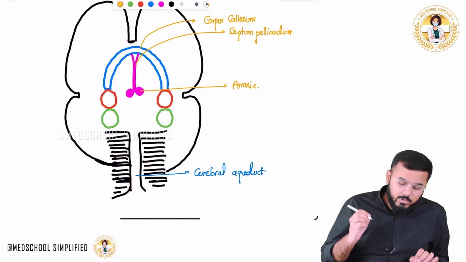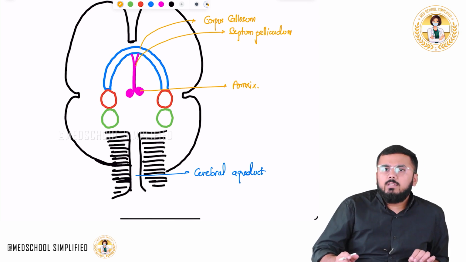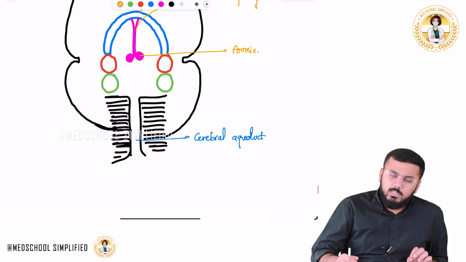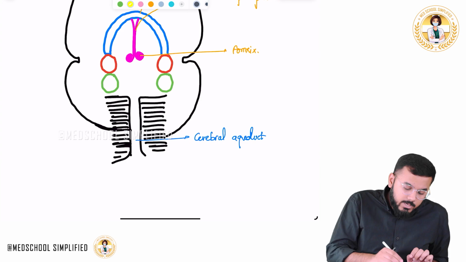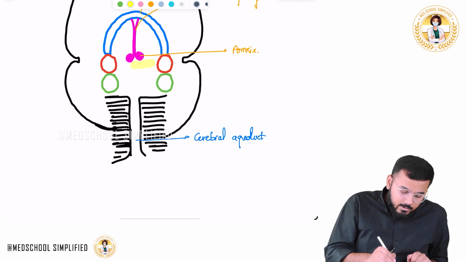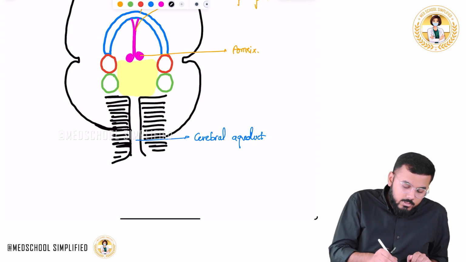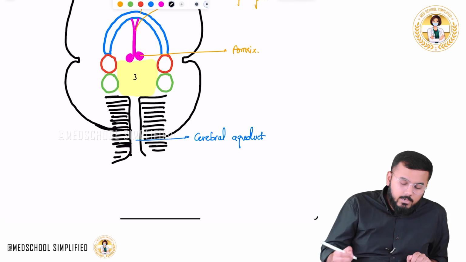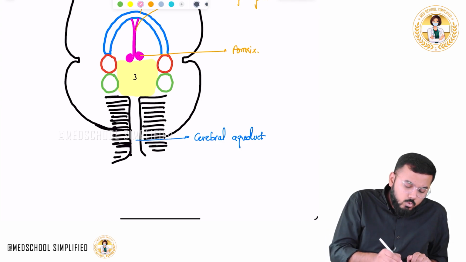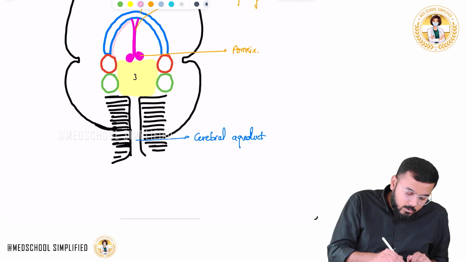Now if you see over here, where is the third ventricle? You see, this particular part which I am highlighting right now is your third ventricle. And then what about this particular part over here?